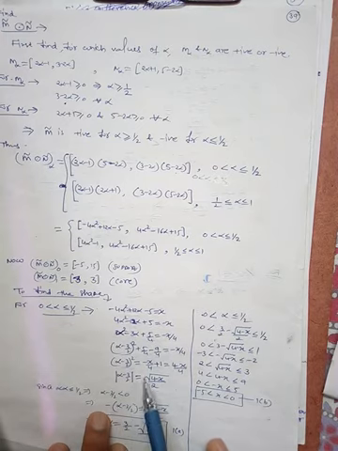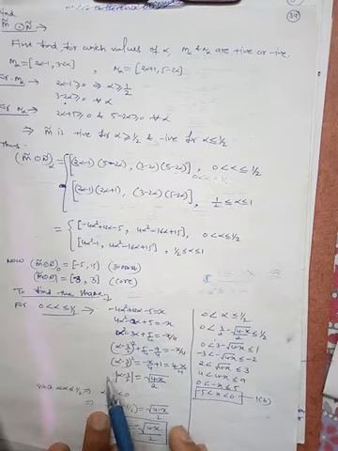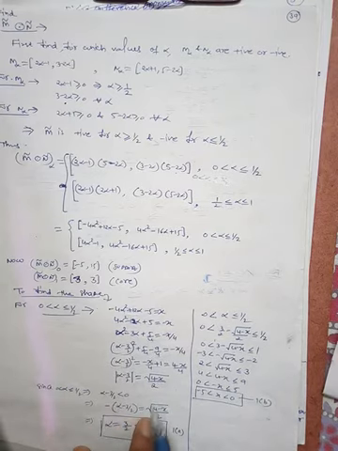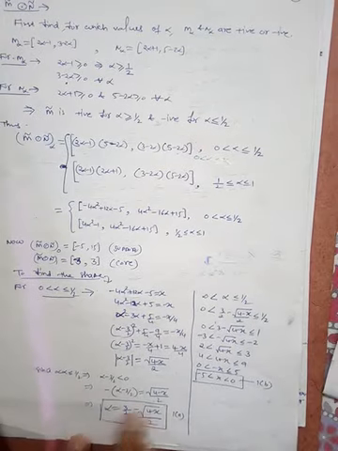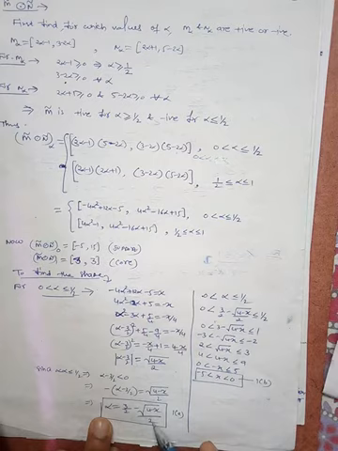So here we are applying minus: minus (alpha minus 3/2) is equal to square root of (4 minus x) by 2. Because for this choice of alpha the value will be negative, we have taken minus. So from here alpha will be 3/2 minus square root of (4 minus x) by 2.